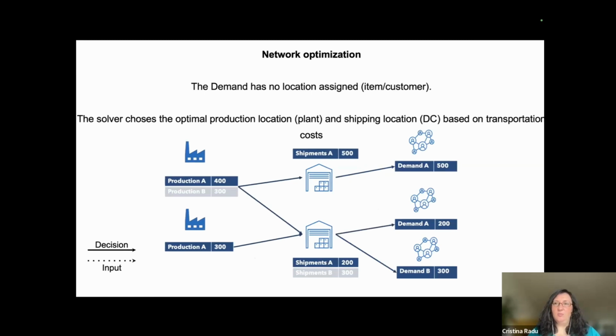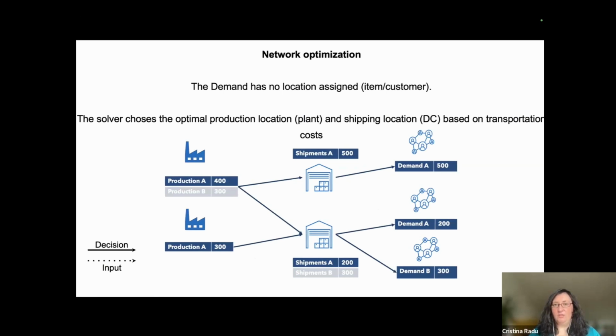And now we go to the other type of problem, which is network optimization. So here we look at the full network, in the sense that on the customer side, we don't know which customer is served from which distribution center. This is optimized.